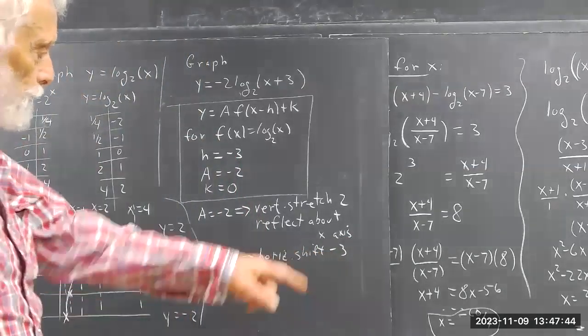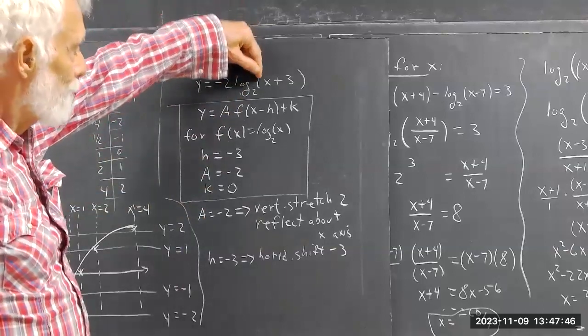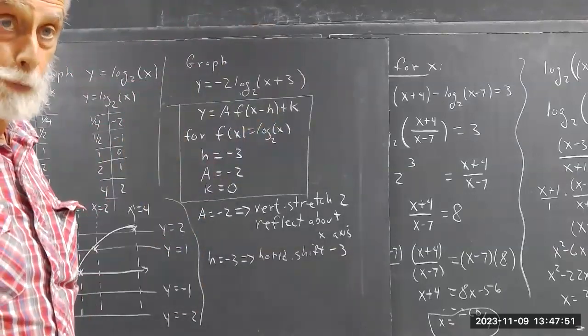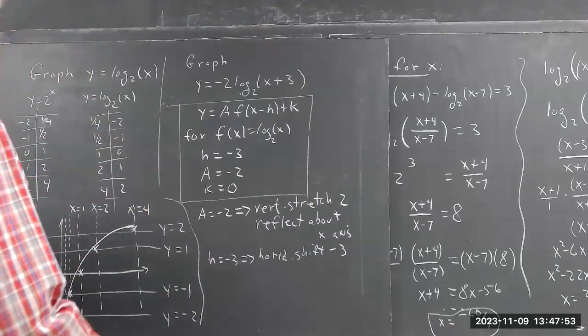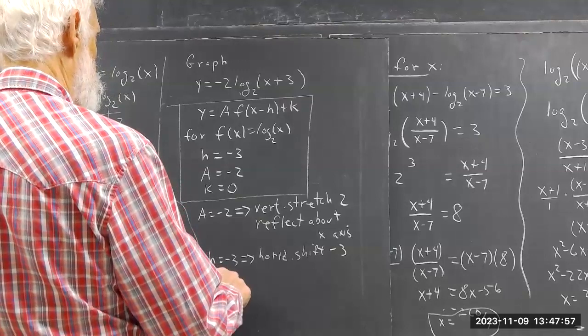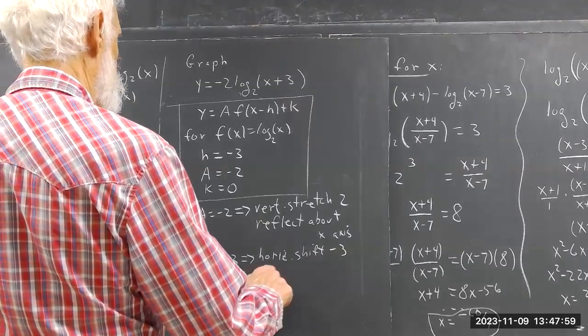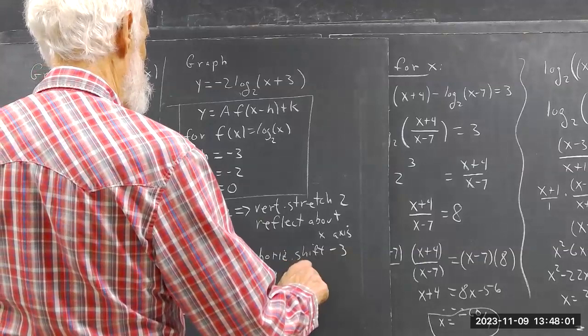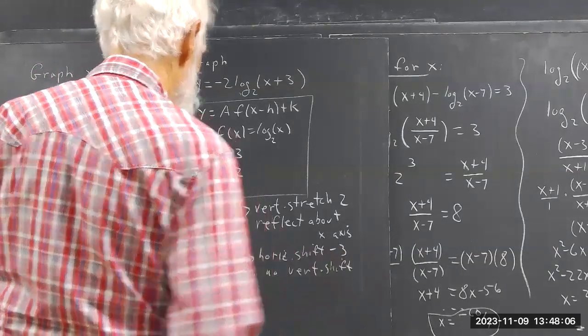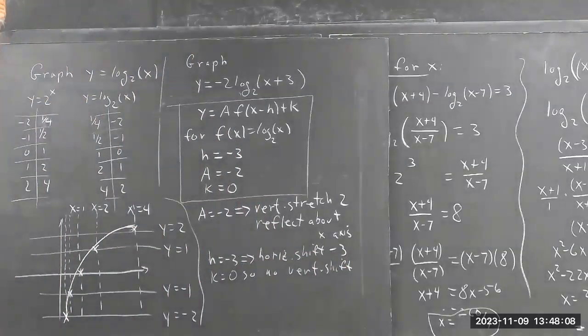At a horizontal shift of -3, x has been replaced by x plus 3, meaning you shift -3 units. And k equals 0, so there's no vertical shift.